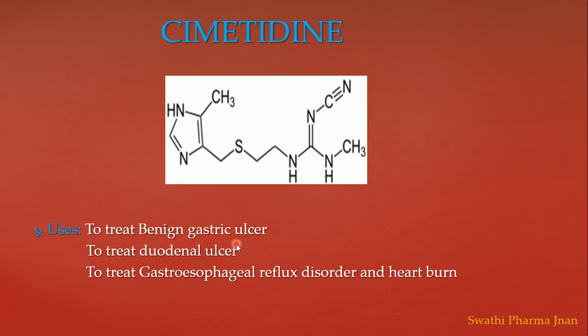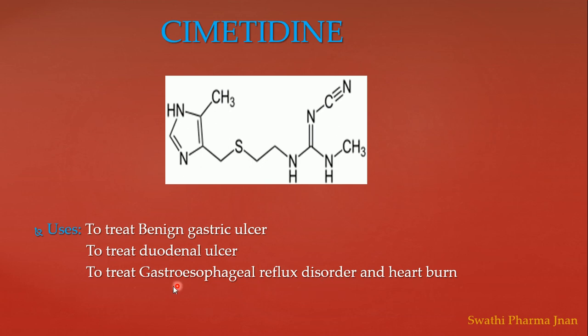Uses are to treat benign gastric ulcer. If the acute or chronic stage of the gastric ulcer is near the cancer stage, then we can use cimetidine for the treatment. Next, to treat duodenal ulcer, gastroesophageal reflux disorder and heartburn, we will use cimetidine.